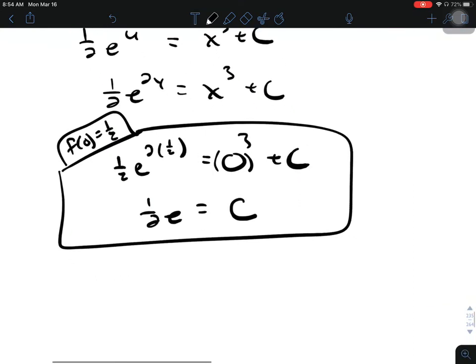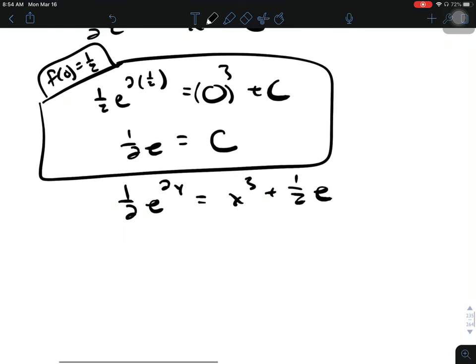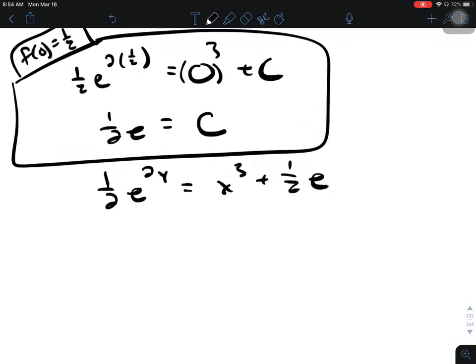Once I know what c is, I try to find my particular solution. To do that, I need to get y by itself. I'm going to multiply every term by 2 in an effort to try to get y by itself.